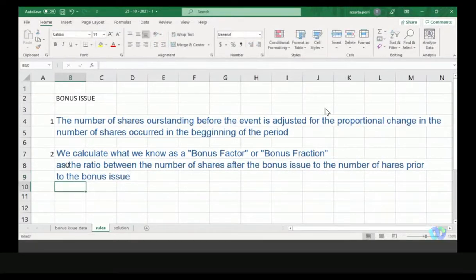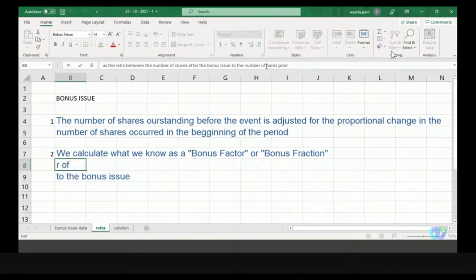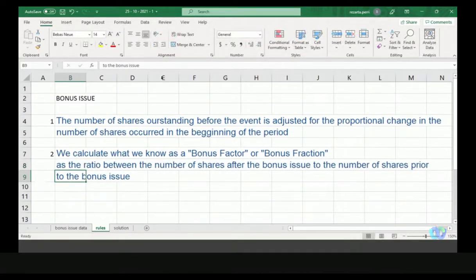So this is how we calculate the bonus factor. In our example, the bonus factor will be equal to 6 to 5.